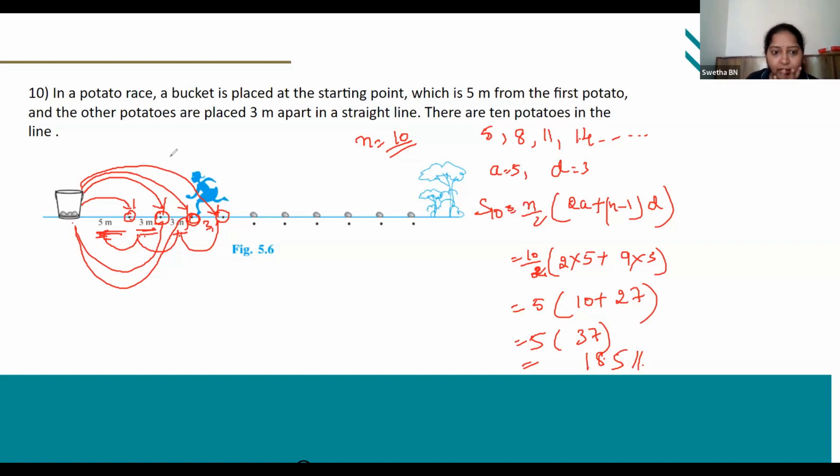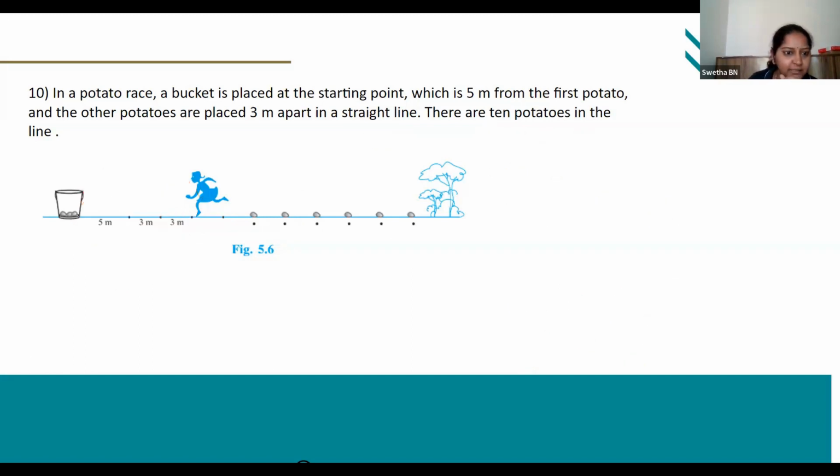One second, you have to consider one more thing. One second, children. Sorry. The method is right, but we wrote 5, 8, 11, and 14.